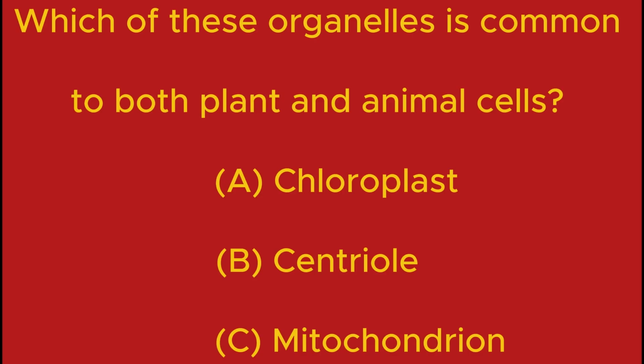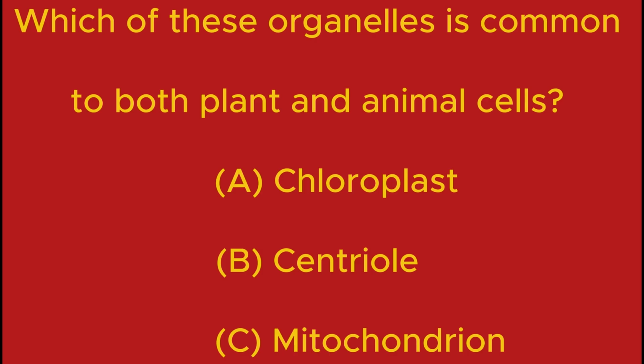Which of these organelles is common to both plant and animal cells? A, chloroplast, B, centrioles, C, mitochondria. A is chloroplast. Chloroplasts are large green organelles in plant cells. They contain chlorophyll, and they also help in photosynthesis in green plants.